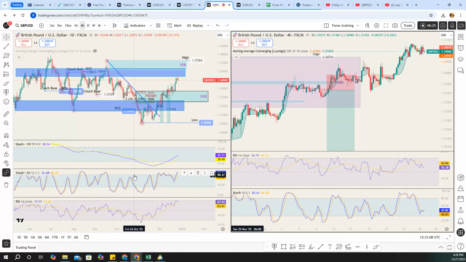I started last week with 3 pairs. My intention is to go across all the 28 pairs, majors and crosses, do exactly the same experiment, and then come up with a total performance.